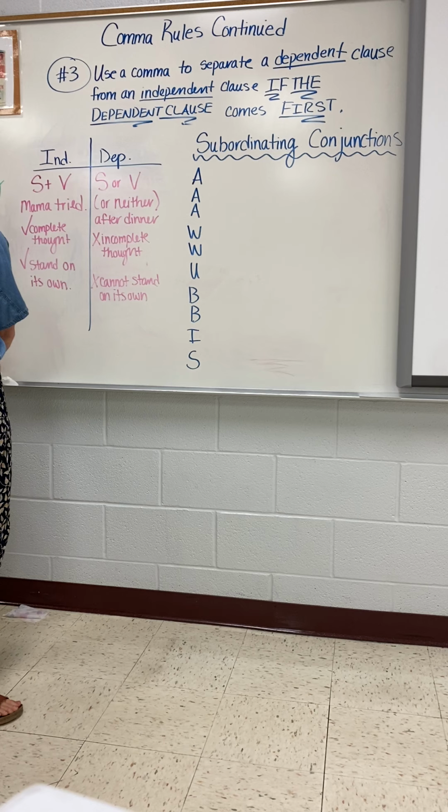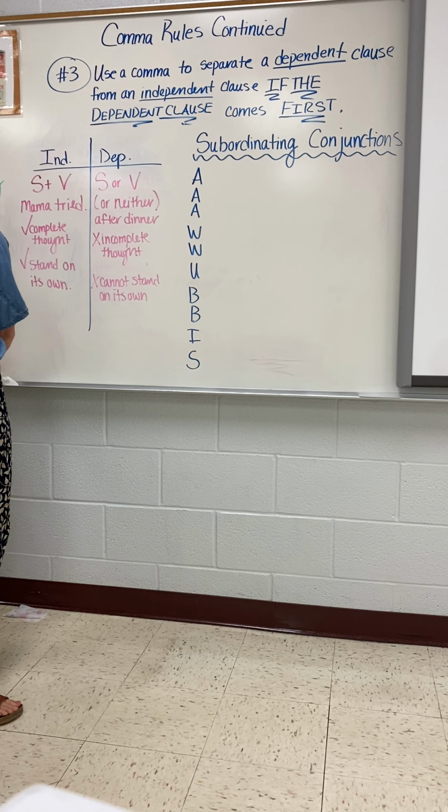Now, as far as dependent clauses, they typically only have the subject or the verb, and sometimes they don't have either or neither. All right? So, for example, after dinner, that is a dependent clause because there is no subject or no verb. We don't know who did what after dinner. Right?